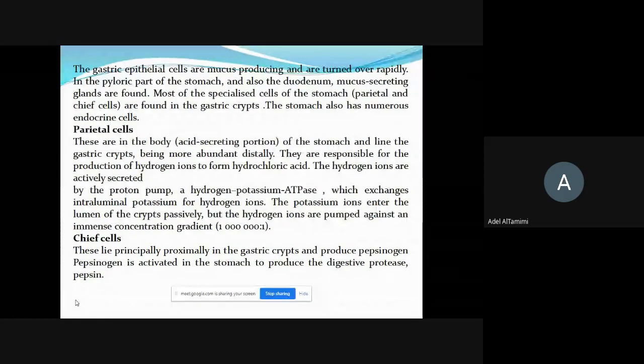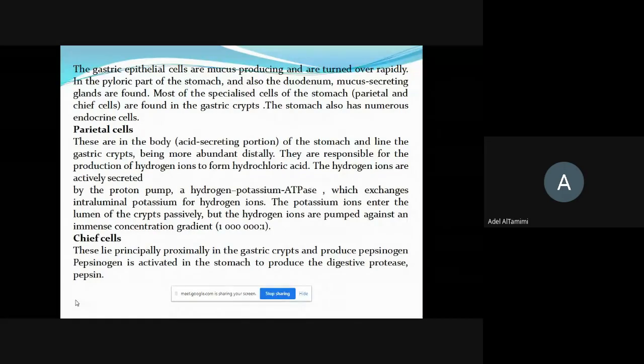formation of hydrochloric acid. The hydrogen ions are actively secreted, so this is an energy consuming process carried out by the proton pump, which is called the hydrogen potassium ATPase pump, which exchanges the intraluminal potassium for hydrogen ions. So it is a process of exchange.